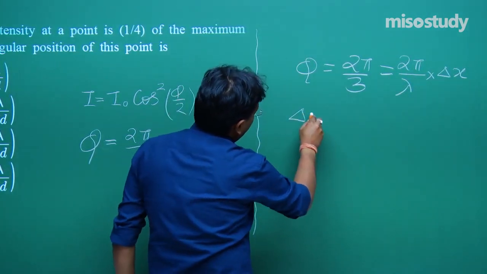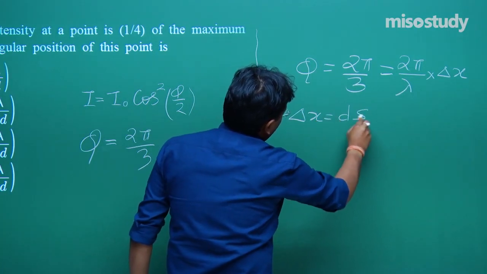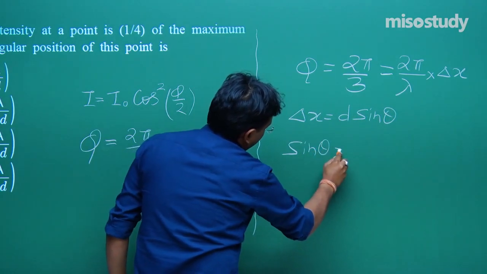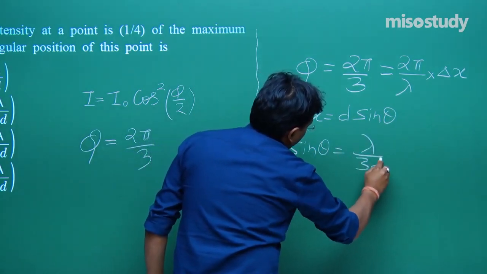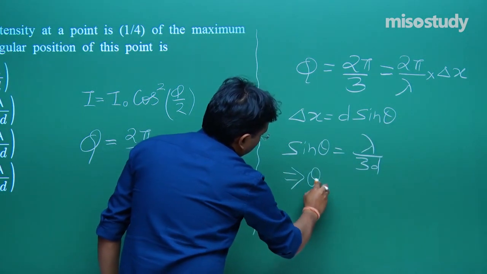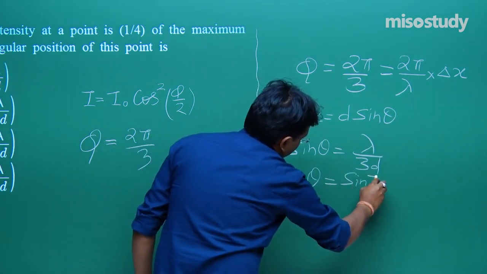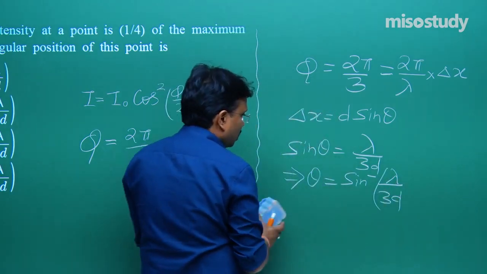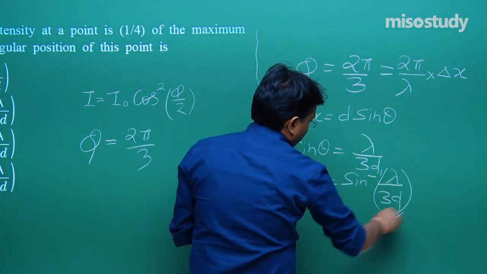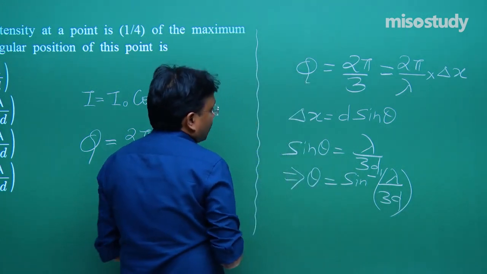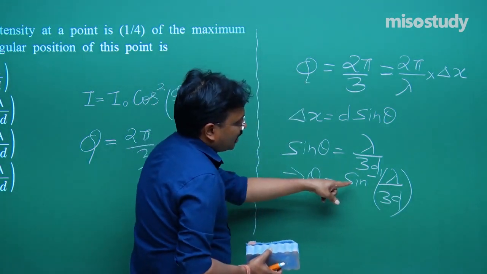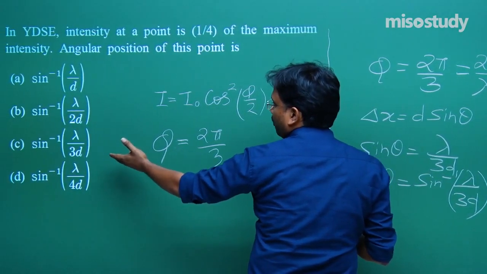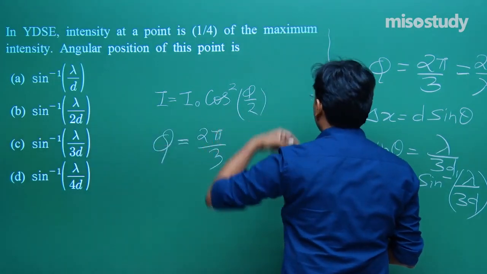And now from here, delta x is equal to d sine theta, so sine theta is equal to lambda by 3d, or theta is equal to sine inverse lambda upon 3d. So theta is equal to sine inverse lambda upon 3d, that is C, the correct option.